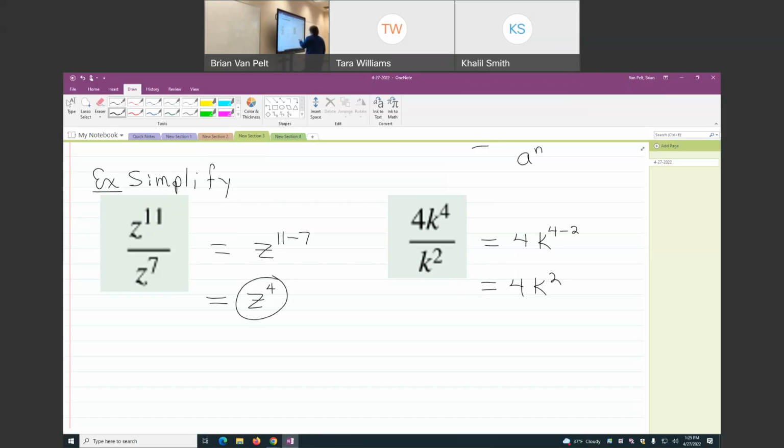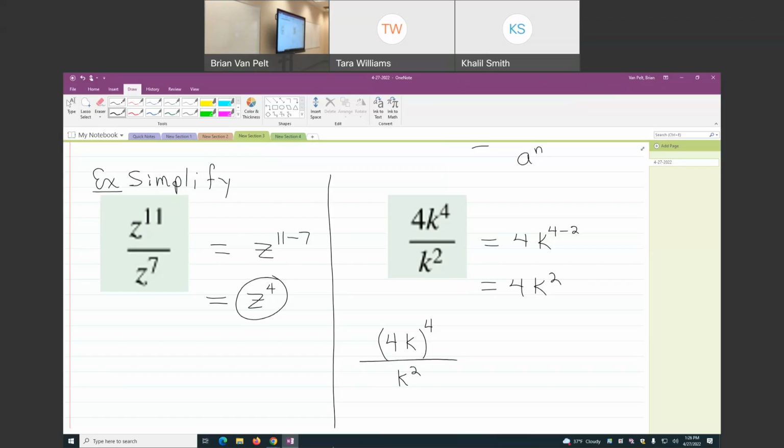All right, I'm going to give you another. Try this one. See, the reason I write this is because now that 4 in the exponent is attached to the 4.